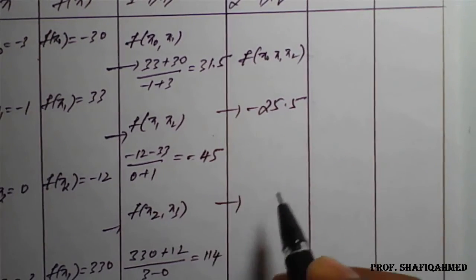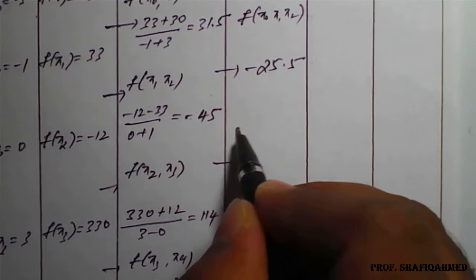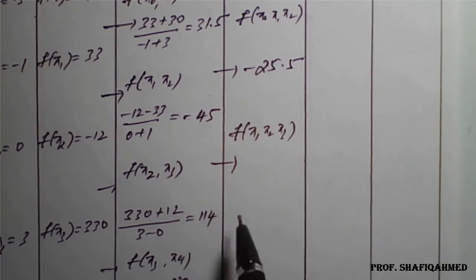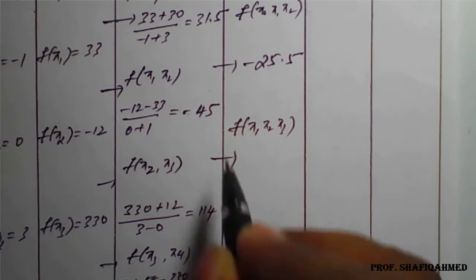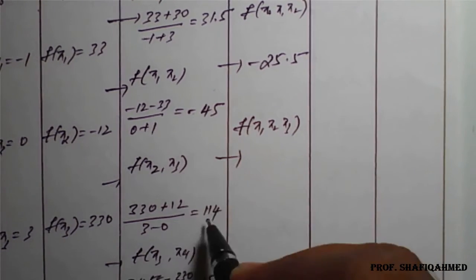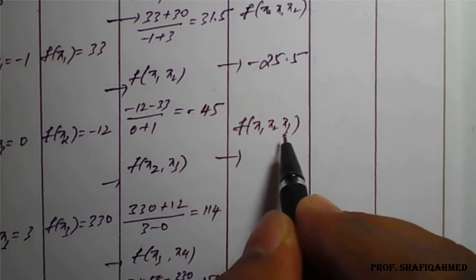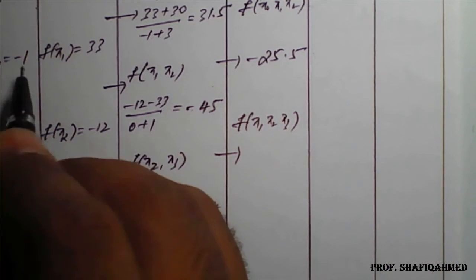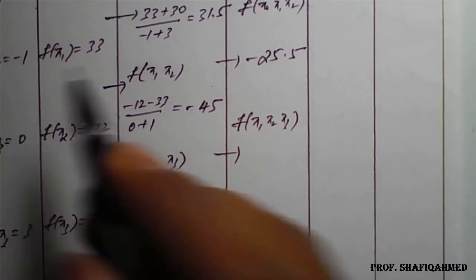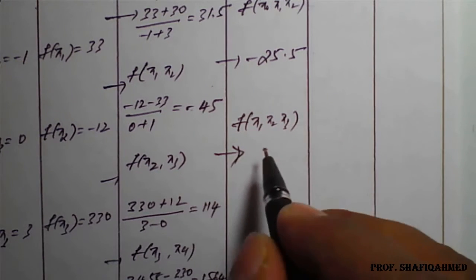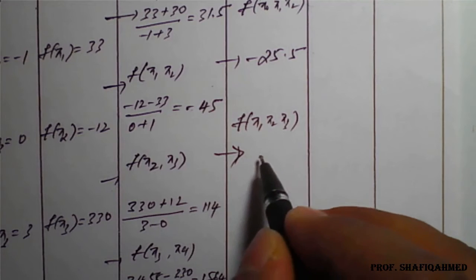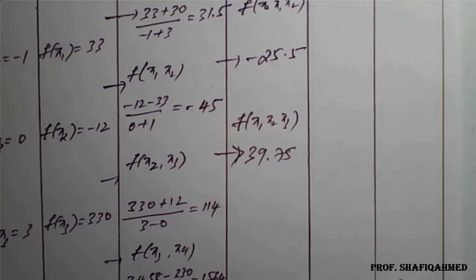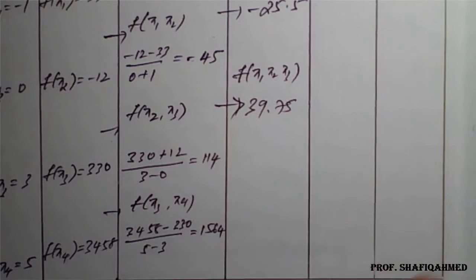And if you go for this calculation, we'll get the answer of f of x1, x2, x3, that is 114 minus of minus is plus 45, 114 plus 45 divided by x3 minus x1, that is 3 minus of -1 is plus 1, so 3 plus 1, so we'll get the answer here as 39.75. We check the calculation here.